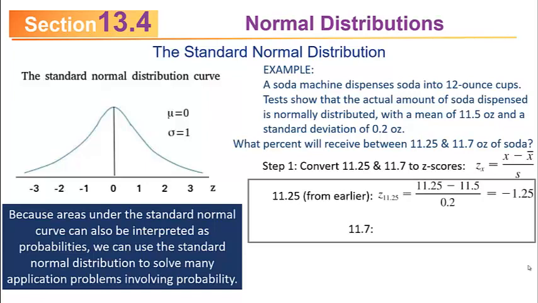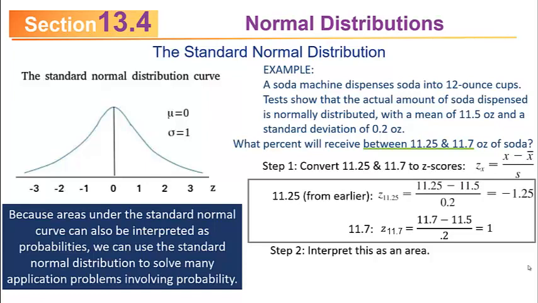But now we also have to do it for 11.7. If you take the z value for 11.7, you'll get 11.7 minus 11.5, which is the mean, divided by 0.2, which is the standard deviation, and that comes out to be exactly 1. If you want to look at that as an area, put it on the standard normal between 11.25 and 11.7.